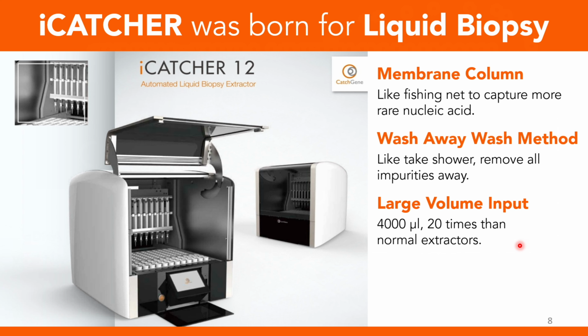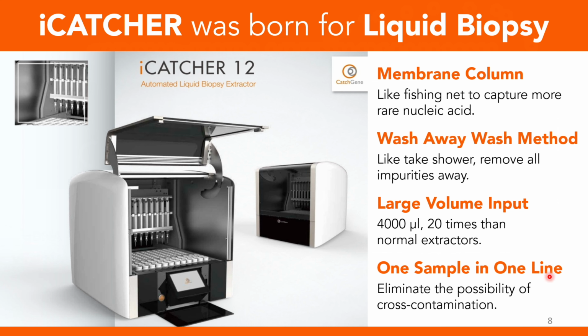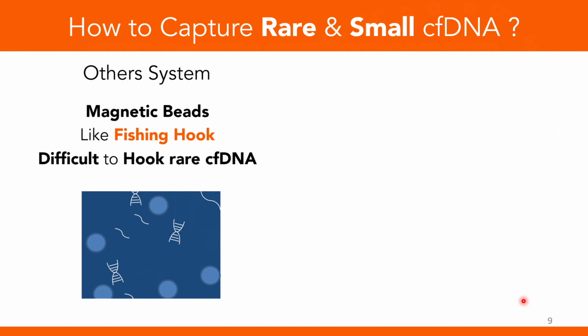And also, we can handle large volume input. We can handle up to 4,000 microliter, which is 20 times more than normal extractors. And also, we handle one sample in one line, so it can eliminate the possibility of cross-contamination.